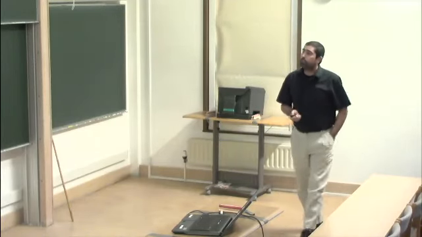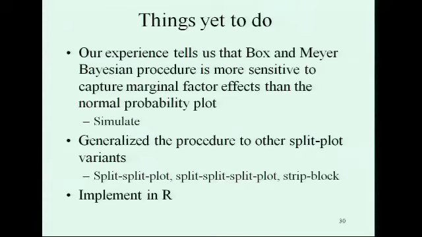So, the thing we are most interested in right now is simulating various scenarios, changing the degree to which a particular effect or factor is active. Then we can better understand and measure how good this technique is in identifying marginally significant effects and factors.